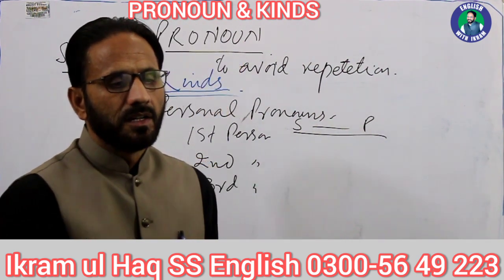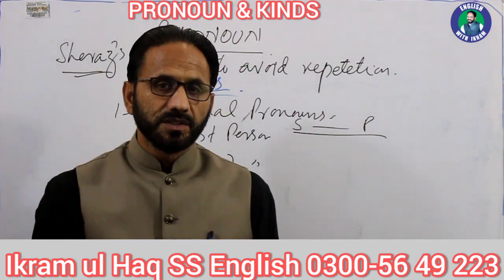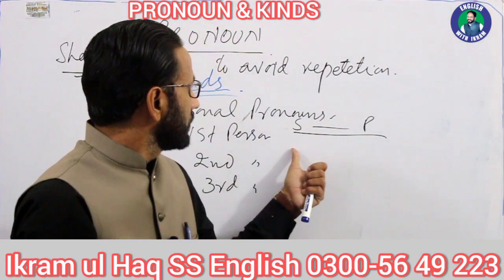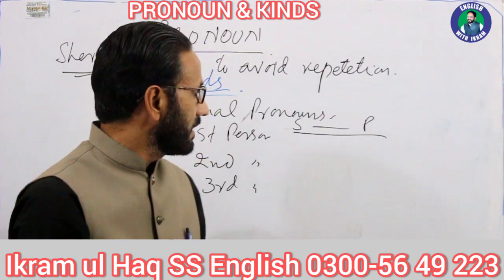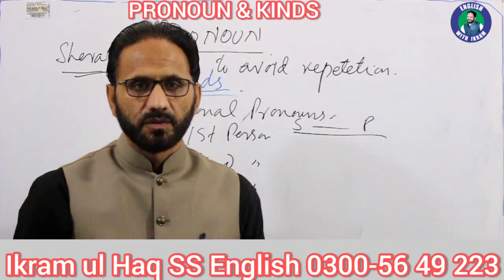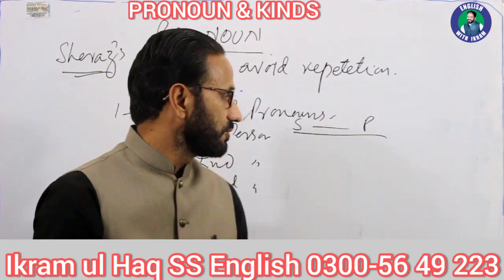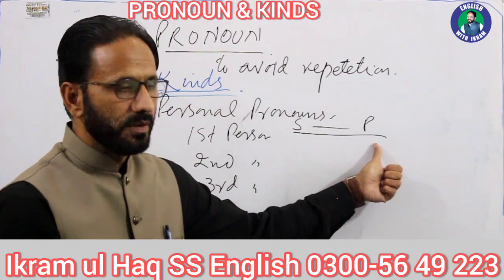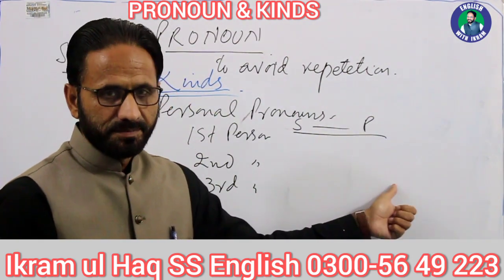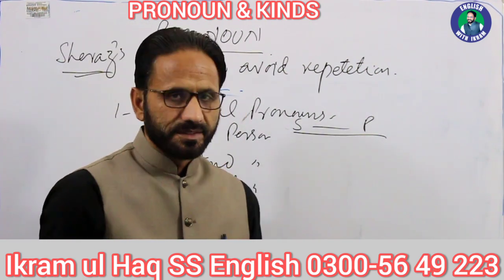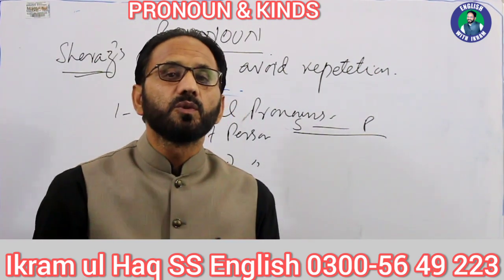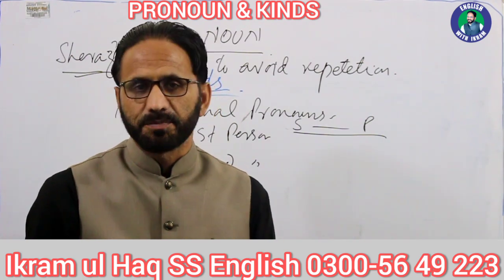Personal pronouns are those pronouns which are used to specify certain persons. There are three types: first person, second person, and third person, singular and plural. What is first person? A person who is speaking is the first person.